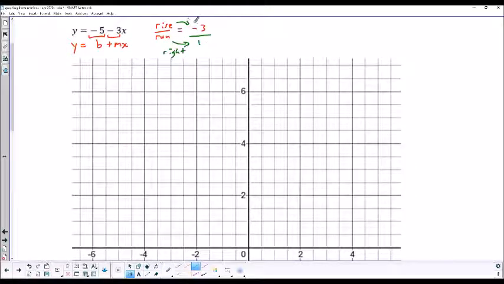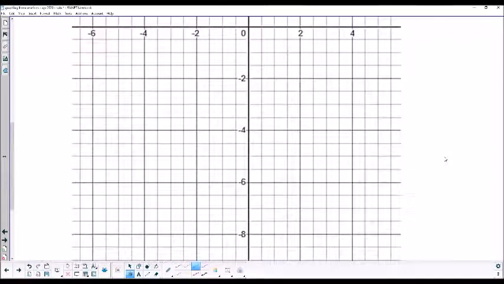And because the slope is negative, we're going to be rising down, in this case, 3 units for every 1 unit we run to the right. In this case, the y-intercept is negative 5. So we're going to start at negative 5. And so we locate negative 5 here. And now we're just going to count out the slope using the scale, of course.